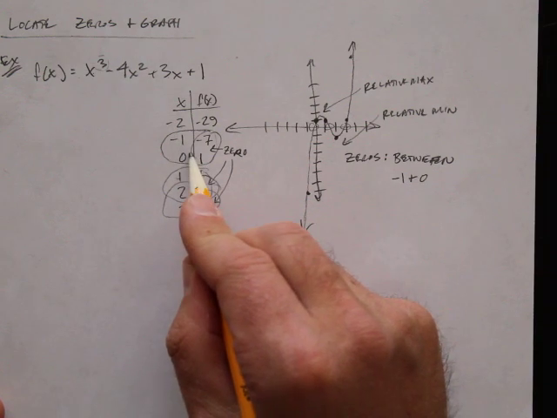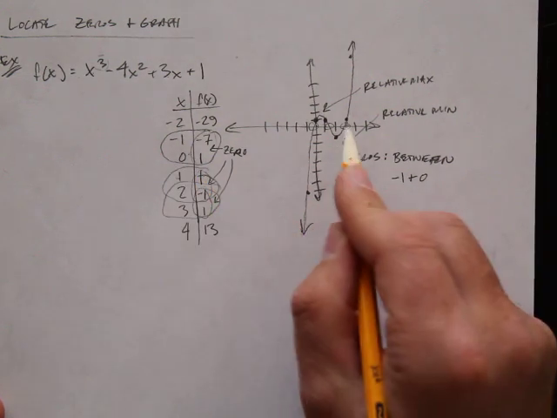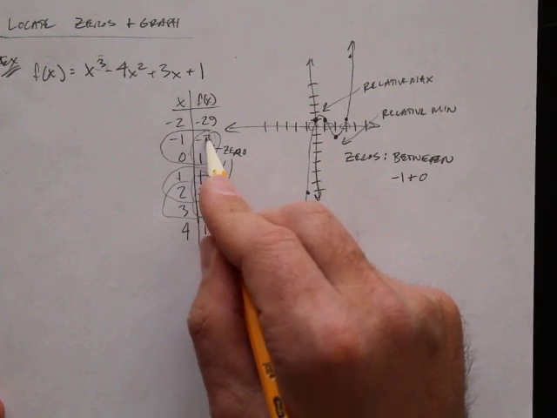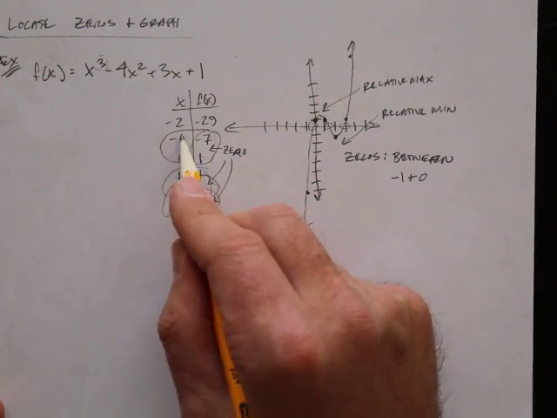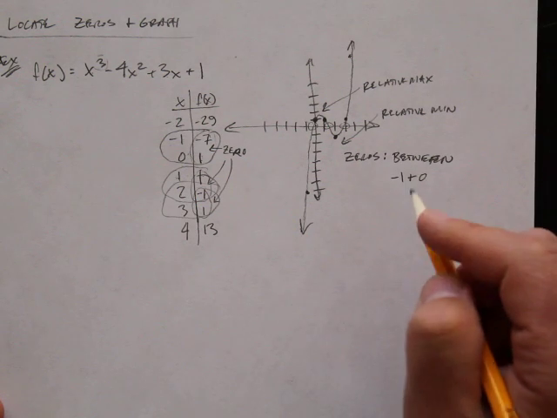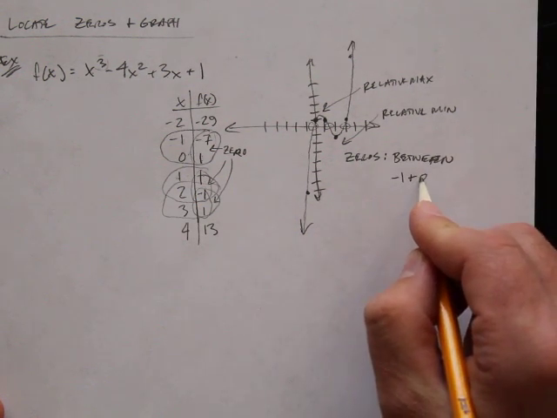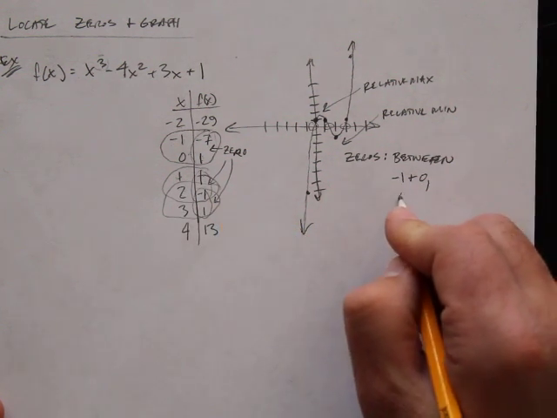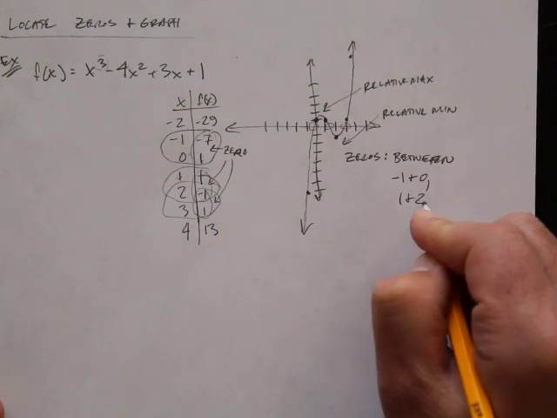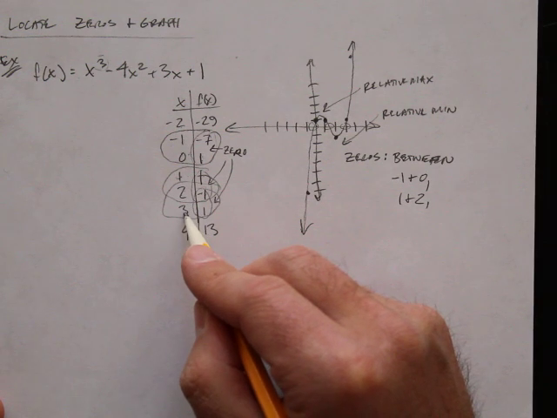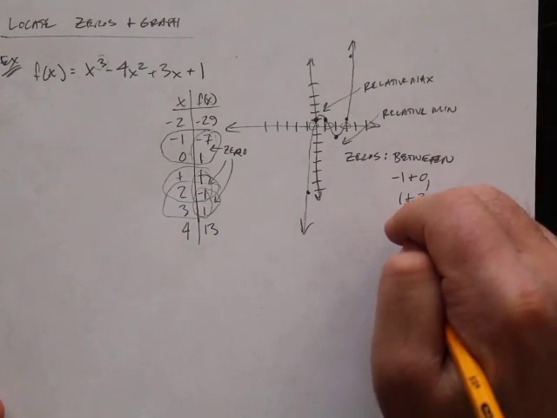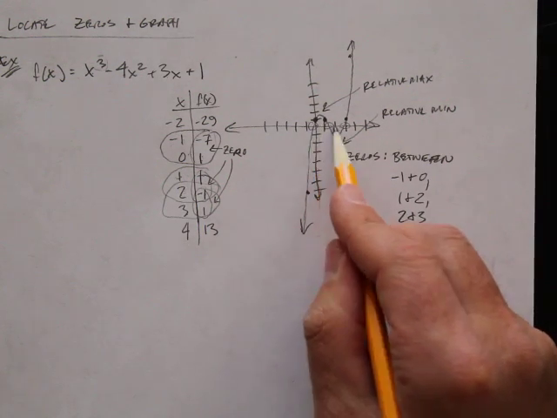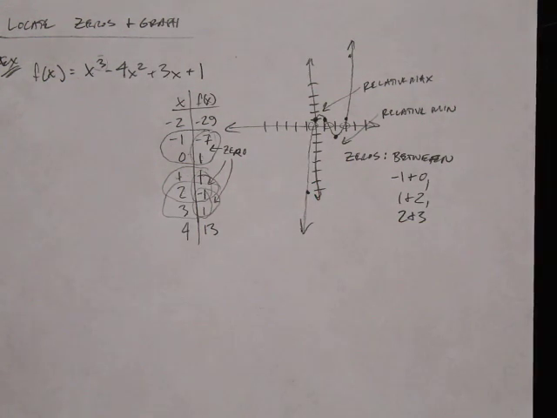We look at the y values to see that it is occurring, and we look at the x values to see where it is occurring. So between 0 and -1, between 1 and 2, and between 2 and 3. Those are the x values where the graph crosses the x-axis.